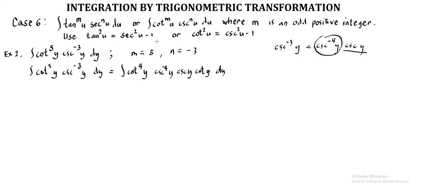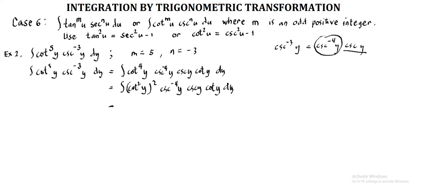Okay? So, dito, itong cotangent to the 4th of y, dahil gagamitin natin yung cotangent squared equals cosecant squared minus 1, ang gagawin natin ay ifa-factor natin into cotangent squared of y squared, and then times cosecant to the negative 4 of y, cosecant of y, cotangent of y, dy.